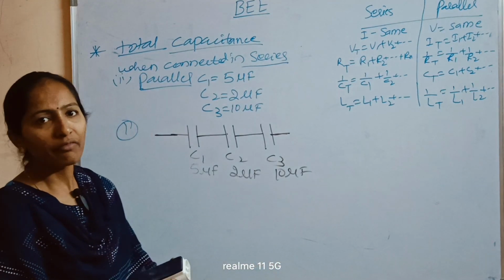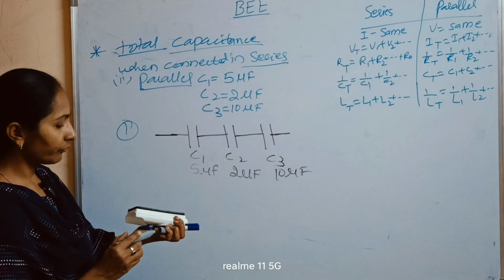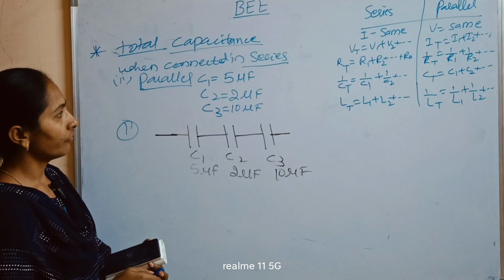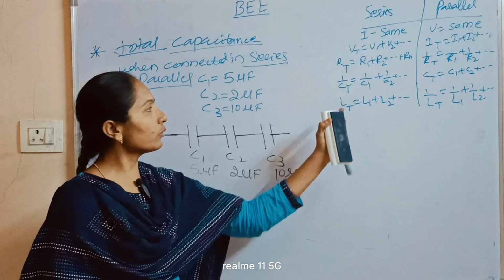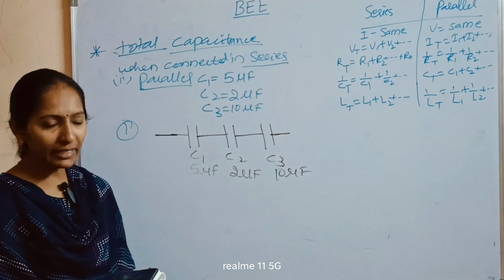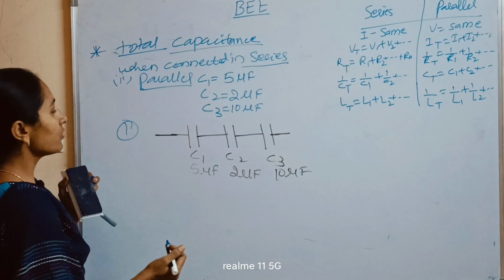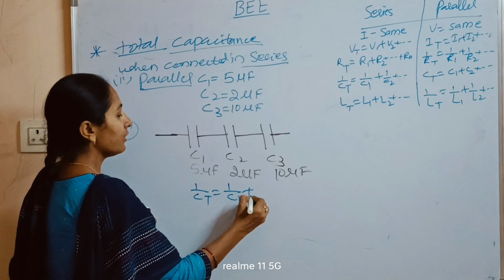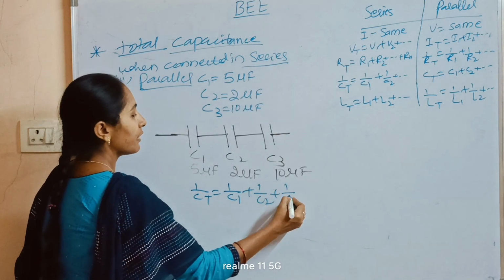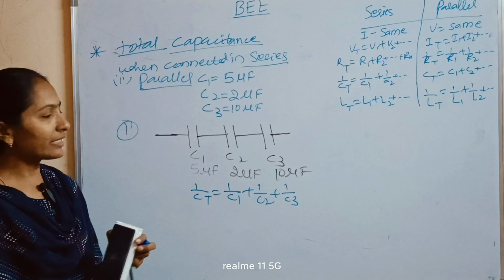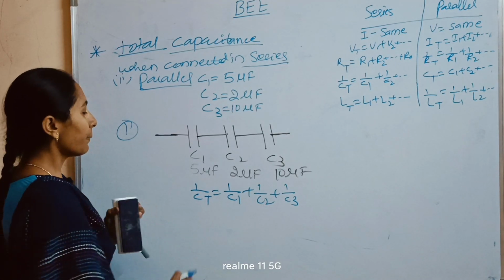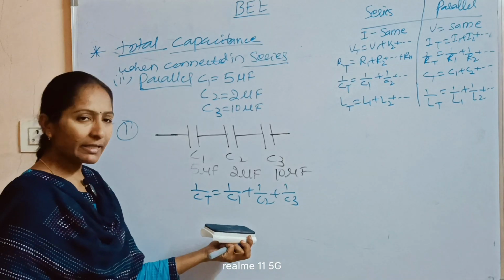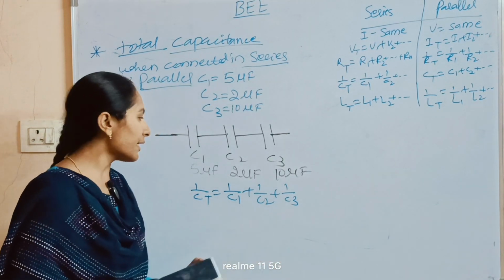That is 1 by C total equals 1 by C1 plus 1 by C2 plus 1 by C3. This is for series connection, when capacitors are connected in series.